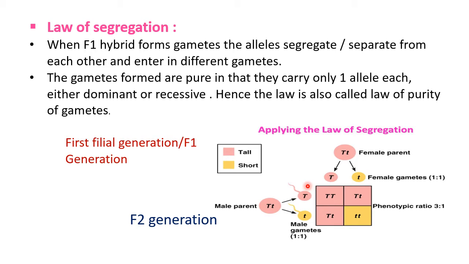Here we see equal numbers of female gametes, capital T and small t, and equal numbers of male gametes, capital T and small t, are formed.